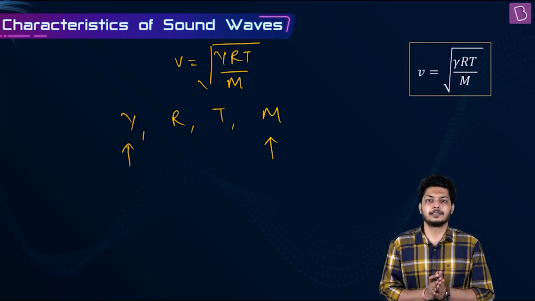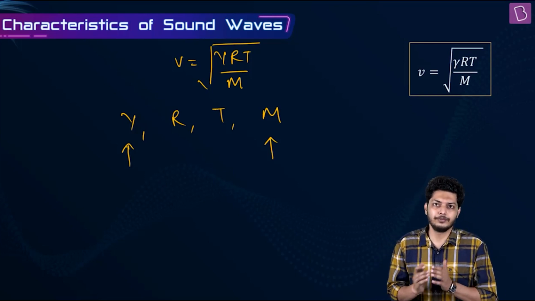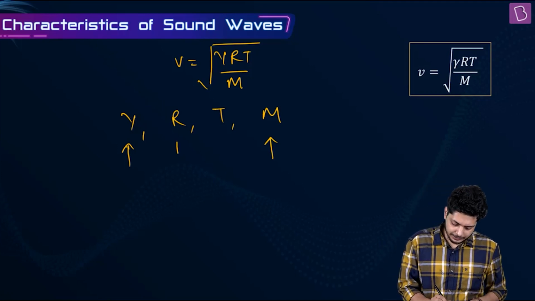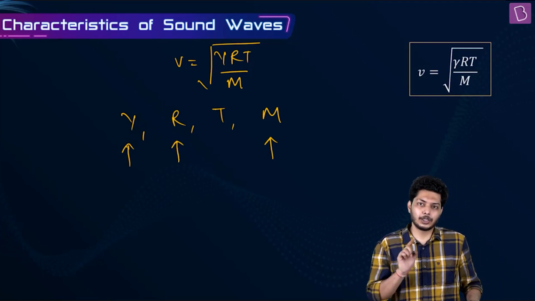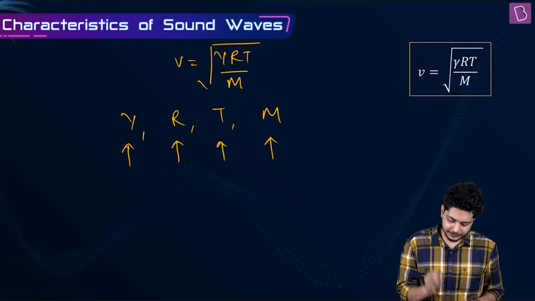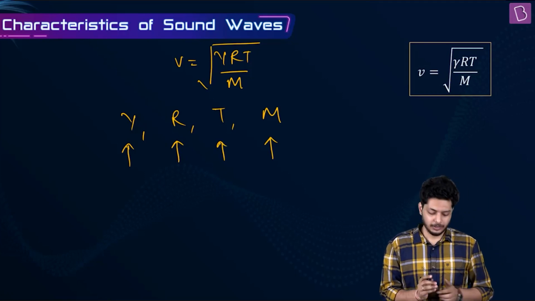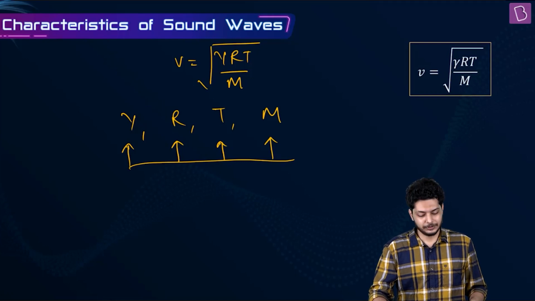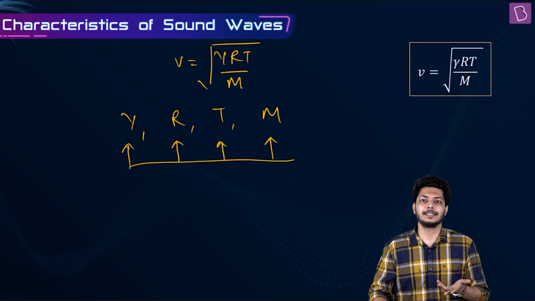Molar mass will be constant because we are using a particular gas throughout the medium, correct? R is already a constant, and the question is saying that temperature is constant. All of these parameters are constant. So if gamma is constant, R is constant, T is constant, M is constant, then speed is constant, right?